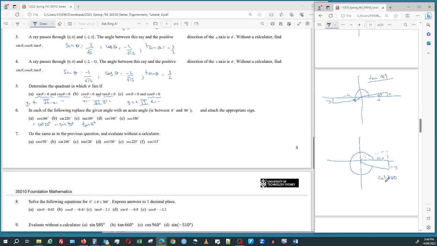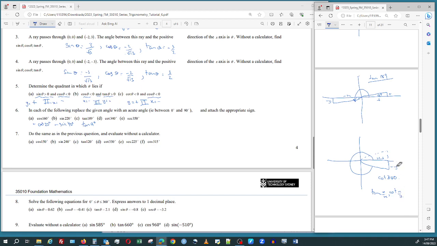Now cot is a ratio of x over y, and tan is y over x. So tan is rise over run. So cot is x over y, but that's not what's important. What's important is whether they're minus and minus and plus and plus.